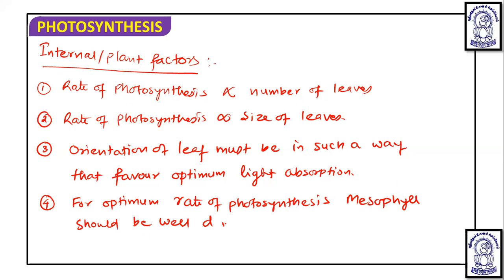If they are well developed, they have well developed chloroplasts. If the mesophyll cells are more, then the rate of photosynthesis will be more. Then the fifth factor is the number of chloroplasts. The rate of photosynthesis is directly proportional to the number of chloroplasts.